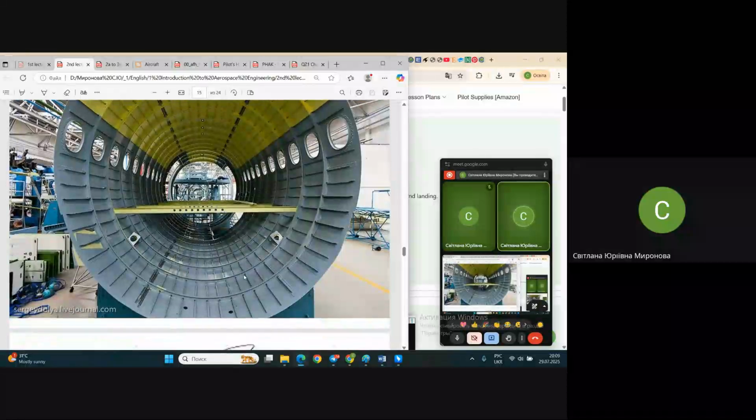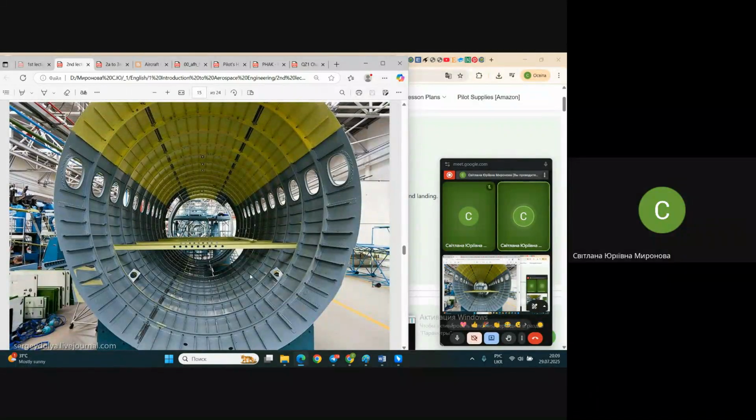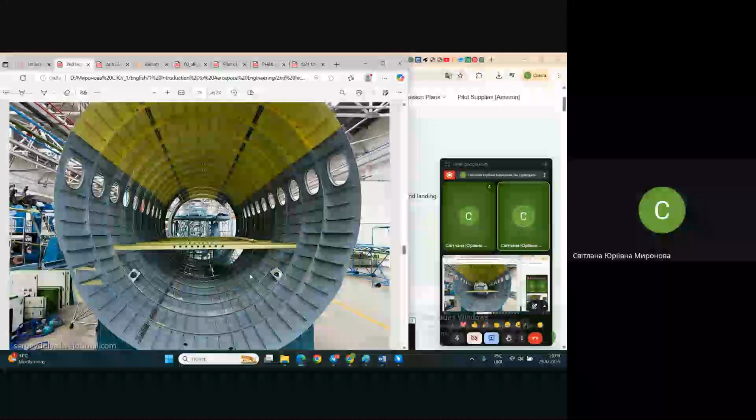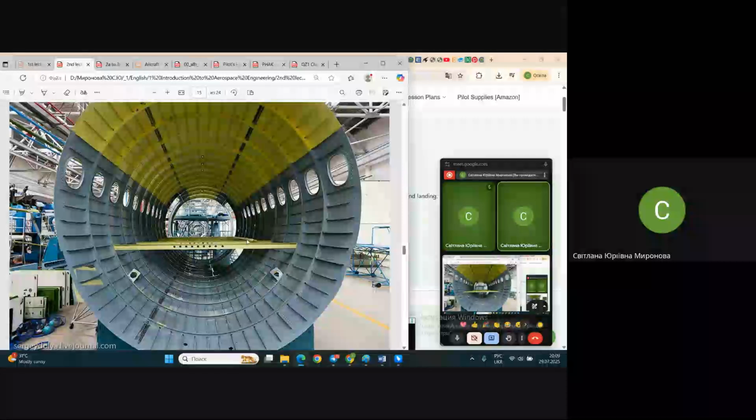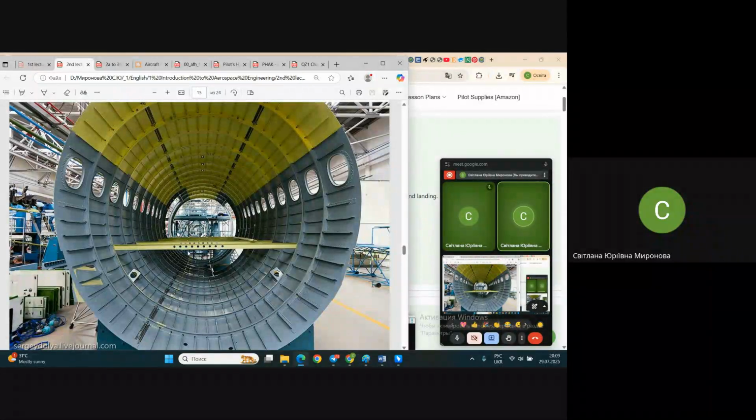Now, in front of you right now, once again, a half-empty fuselage, as you might see, even the deck, even the passenger floor is yet absent. It's one of the passenger aircraft produced in our former Soviet Union countries, and you see what it looks like.